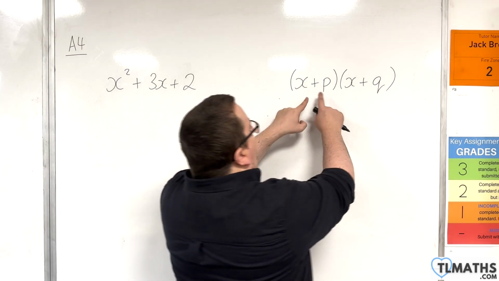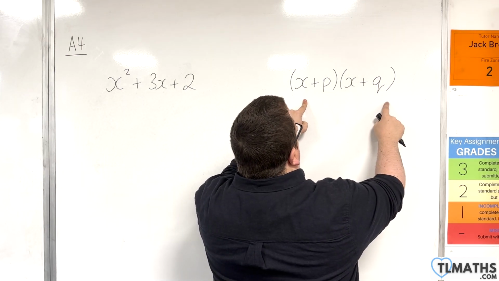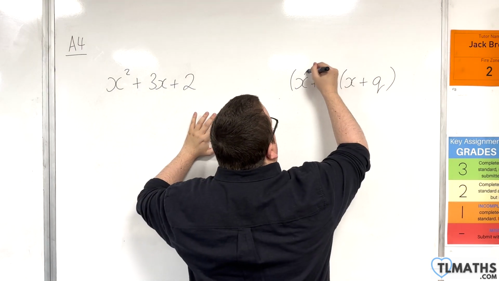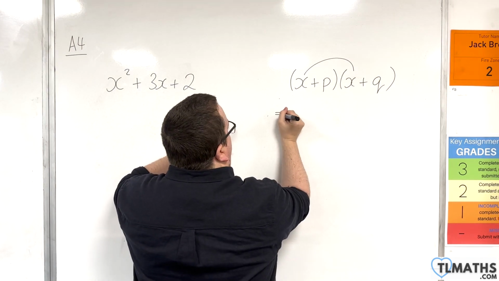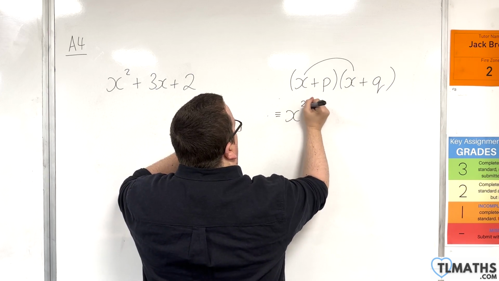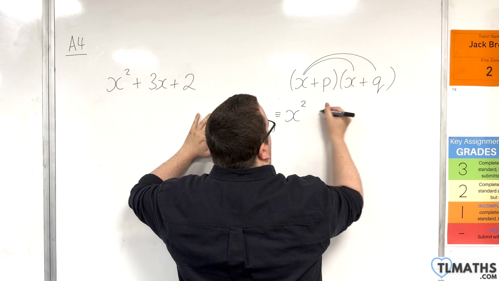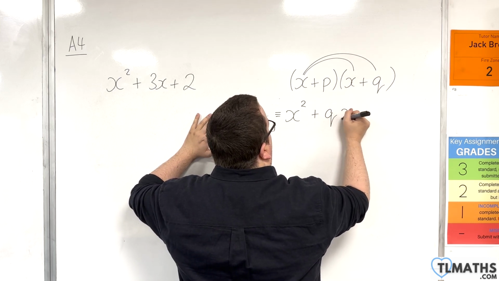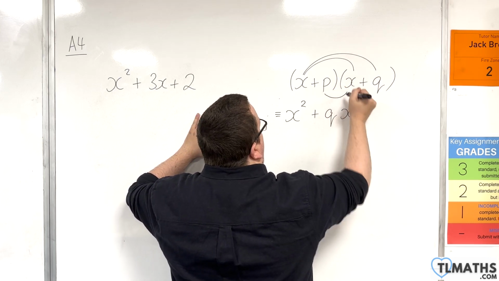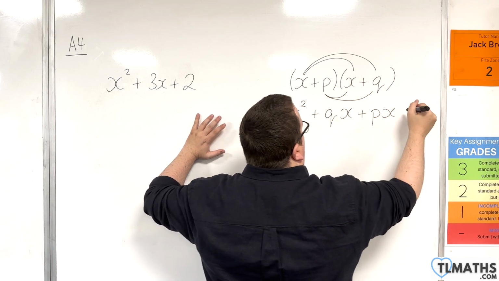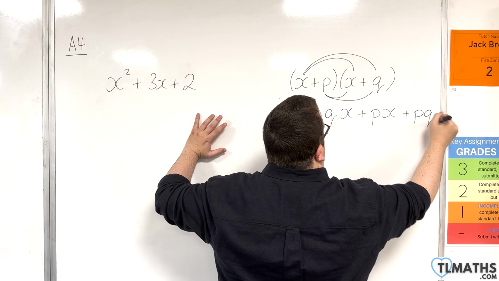So we're going to expand this out, and the p and the q are what we want to find. We're going to have x times x, which is x squared, x times the q, so q lots of x, p times the x, so p lots of x, and then p times the q, so pq.